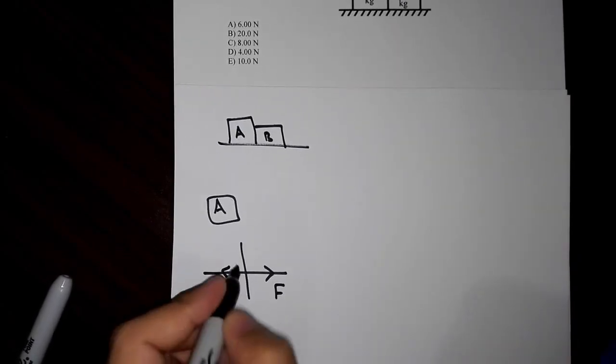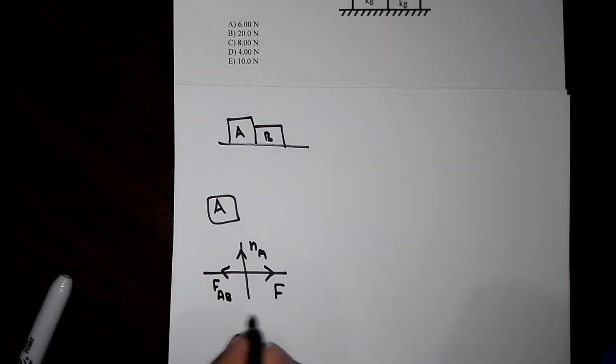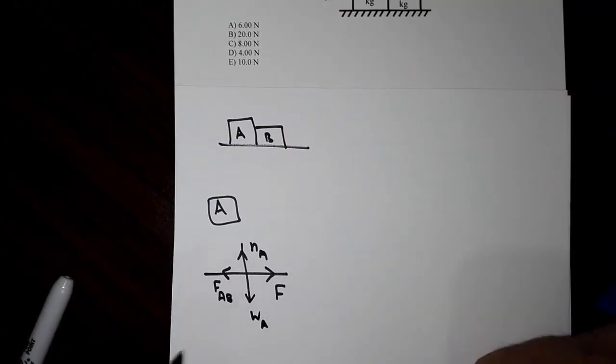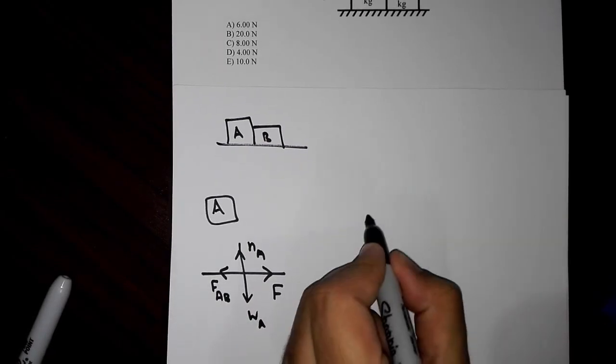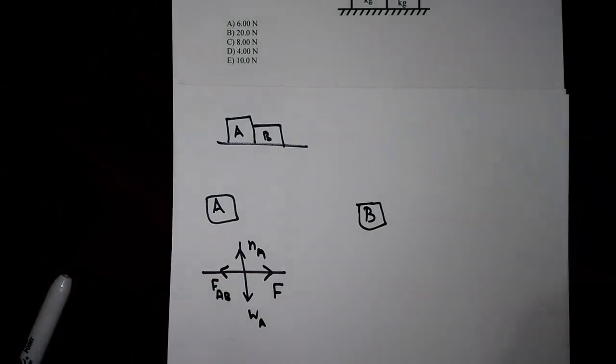Now, of course, there's the normal force on A, and then WA. But of course, they're equal, since it's a flat surface, so they're just going to be equal. They don't appear in Newton's second law in the horizontal direction.